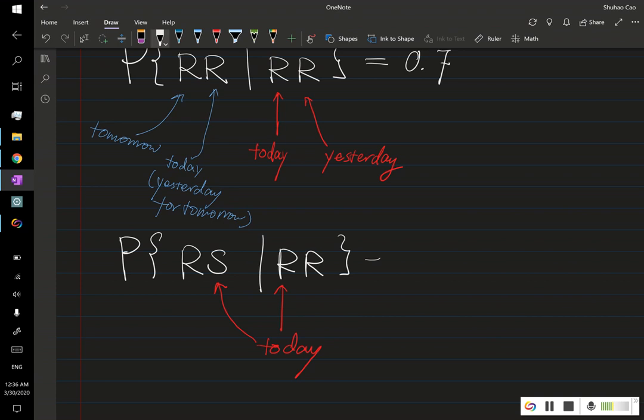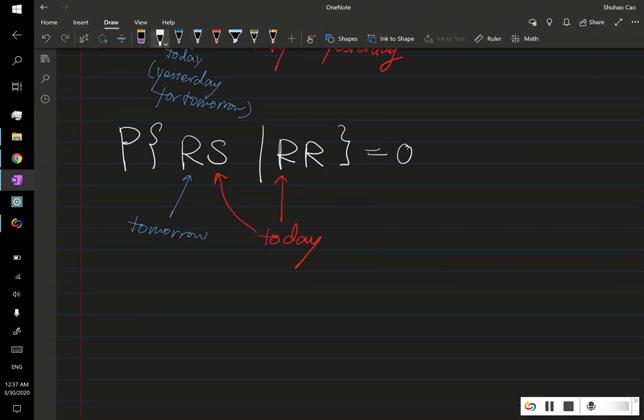So this transition probability is 0. Given today we have rain and yesterday we have rain, this R means it's going to rain tomorrow, but today is yesterday for tomorrow and it's sunshine, so it's impossible because these two contradict each other. So this is 0.